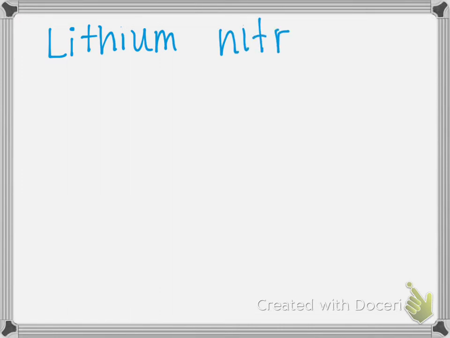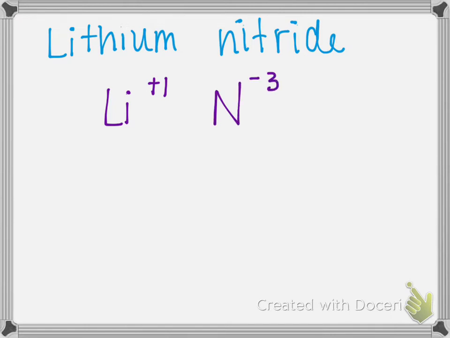Let's say I wanted to build a formula for lithium nitride. I first have to identify the ions I'm working with here. So lithium is a +1 charge and nitride is a -3 charge.